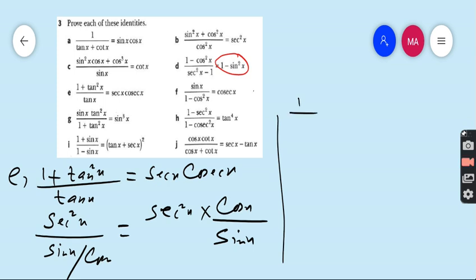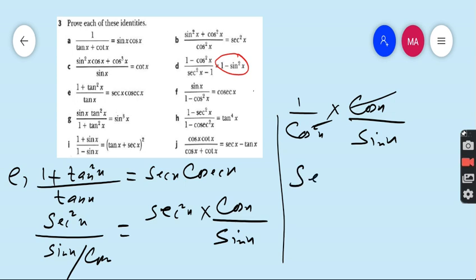Sec square x can be written 1 upon cos square x into cos x upon sin x. Cos cancels to its square. 1 upon cos, you know, is sec x, and 1 upon sin, you know, is cosec x. And this is our right hand side. So it is proved that left hand side is equals to right hand side. Move to part F.